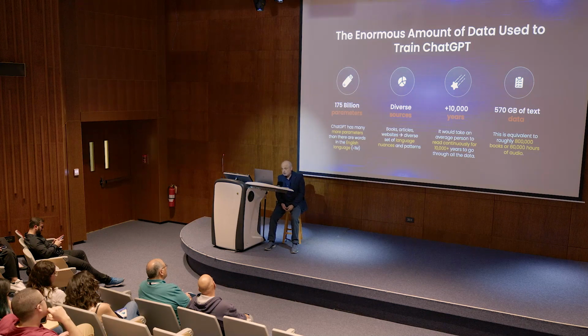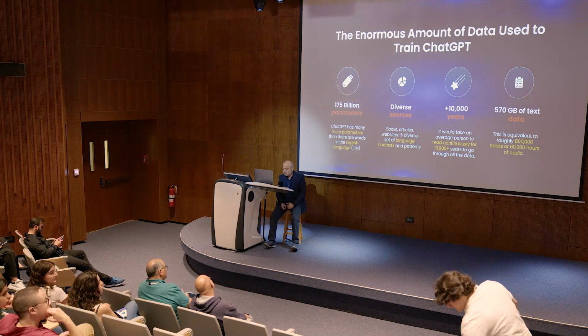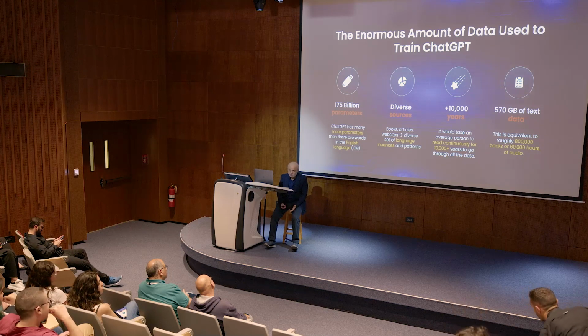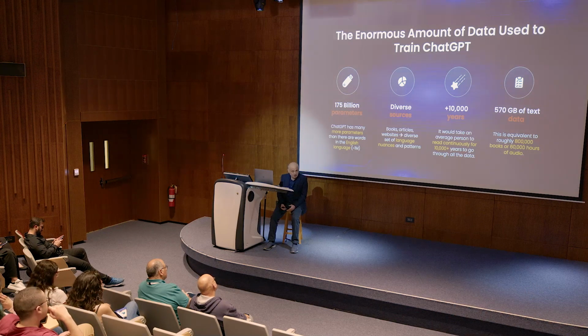The second issue is that the data comes from many different sources: books, articles, websites. It can get its hands on whatever you offer it, and it will make use of it.